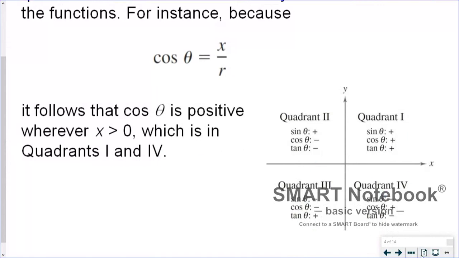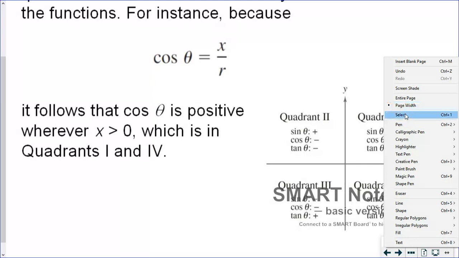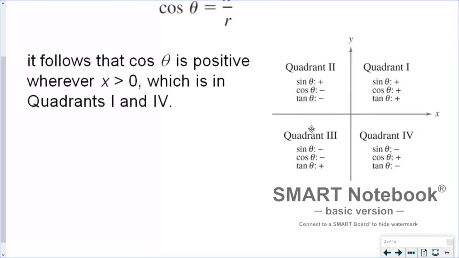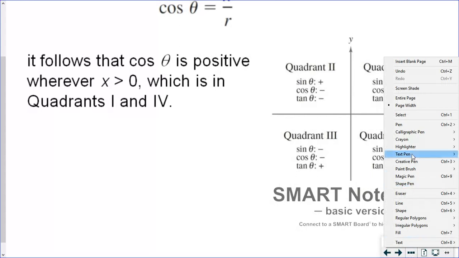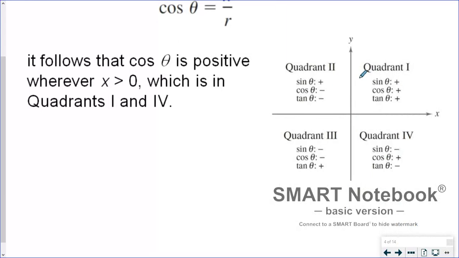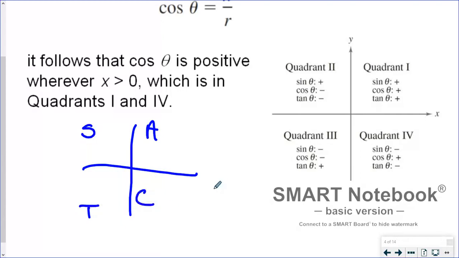I'll move this up so that it's not in the way. There we go. This is very important. There's a very easy little acronym to remember this. You don't need to make it anything crazy detailed. I just always remember it like this: all students take calculus.